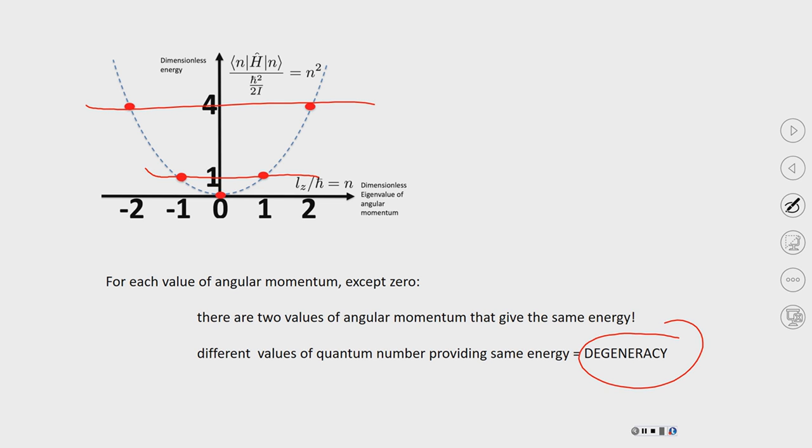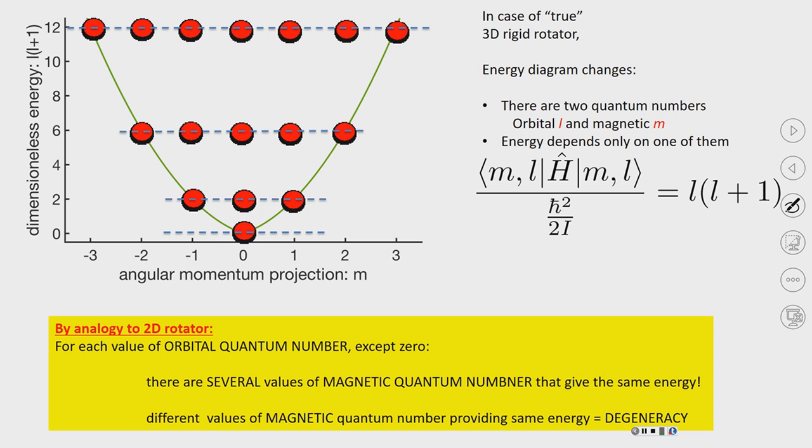Degenerate. Bad word. Now, I am skipping a month of lecturing and jumping to three-dimensional rotation. So suppose we derived the operators of angular momentum in polar coordinates. We found eigenstates and we just analyze what they are. So the three-dimensional rotator will depend on two quantum numbers.